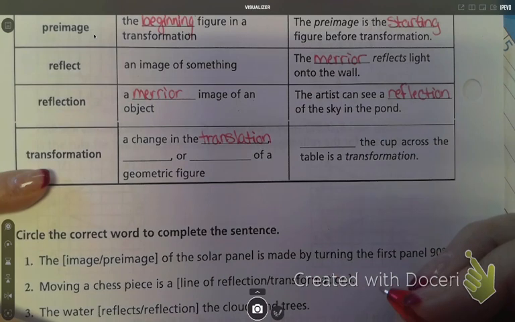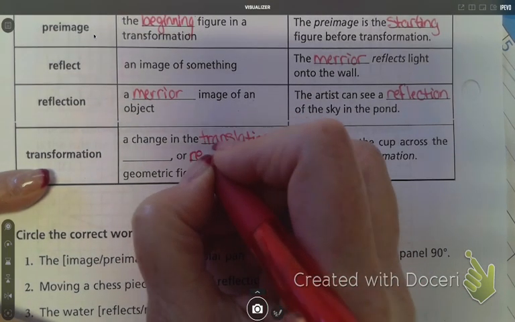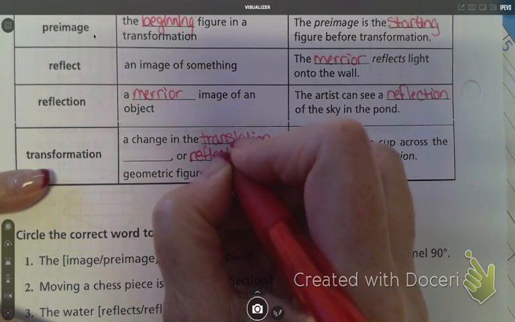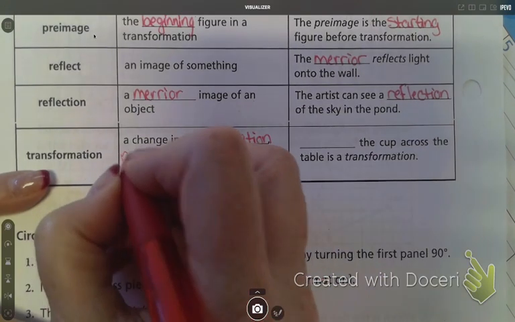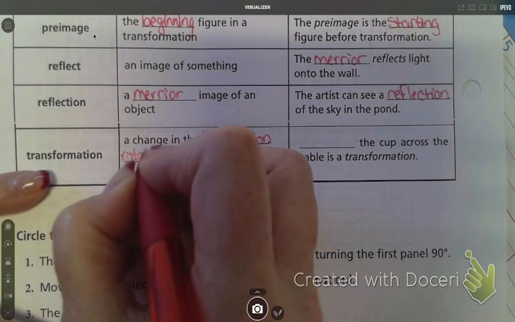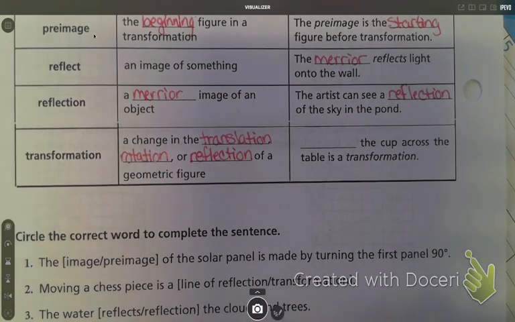We have reflection. I'm going to put on the big line. And rotation. Those are all rigid motions. Translation means to move it left, right, up, down. What does rotation mean? Turn it. And reflection means to reflect it, right?